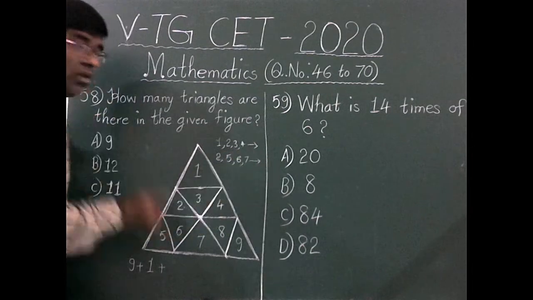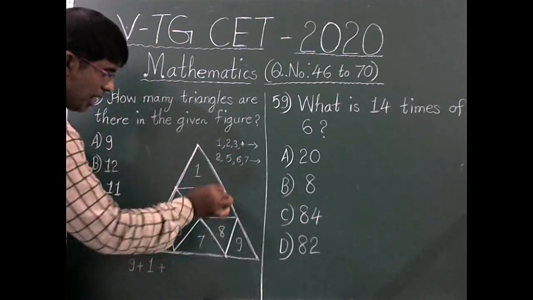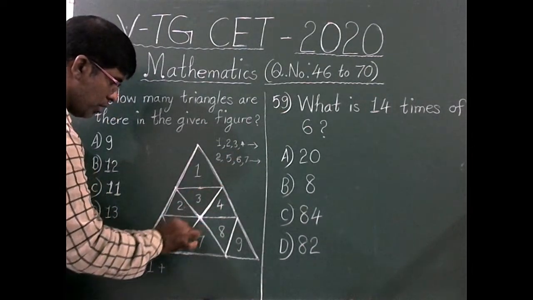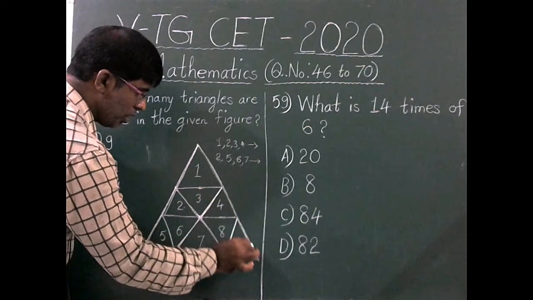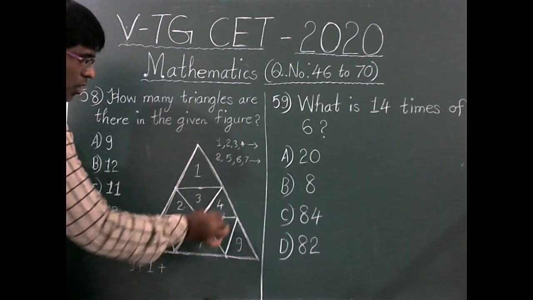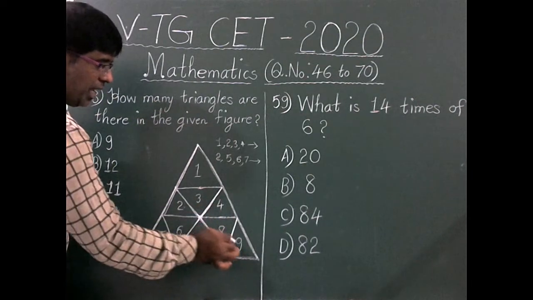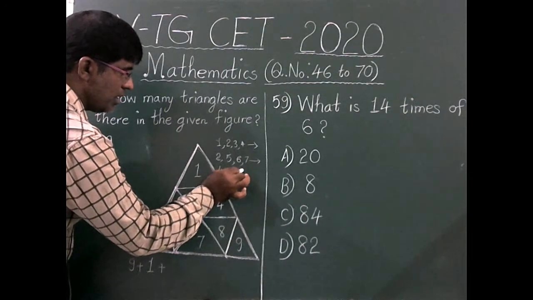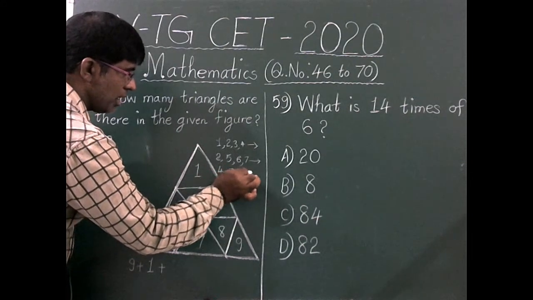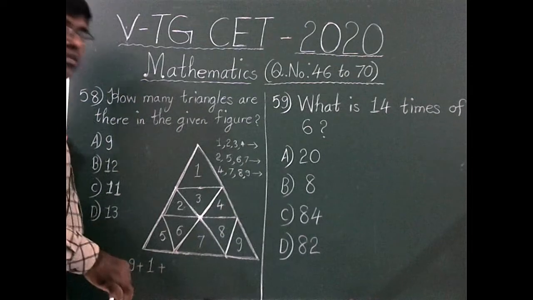This is also one of the triangles. And one more: 4, 7, 8, 9. It also makes one triangle.